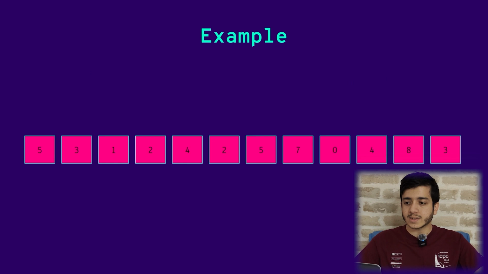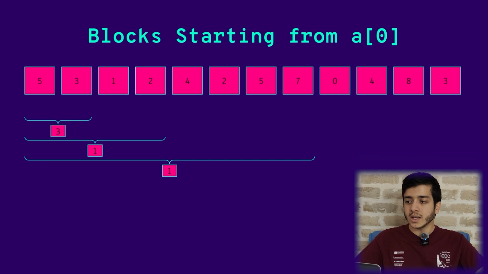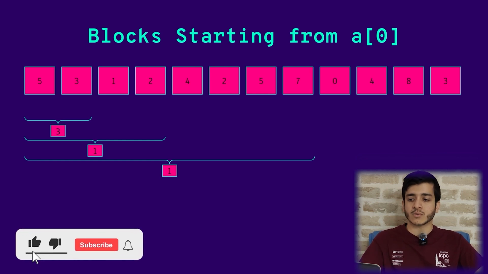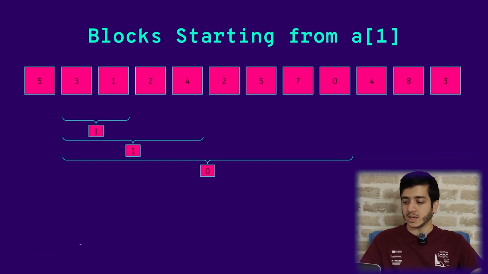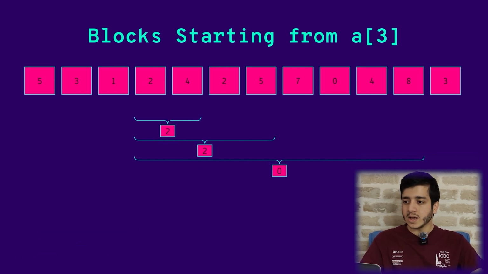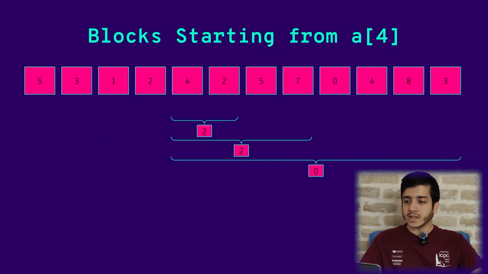So let's see an example. Here is our array, and here you can see blocks starting from the first element, so A0. You can see there are 4 different blocks. One is of size 1, which is the array element itself, and again 2 and 4 and 8. Here you can see blocks starting from the second element, and now the third element, and the fourth element, and here the fifth element.